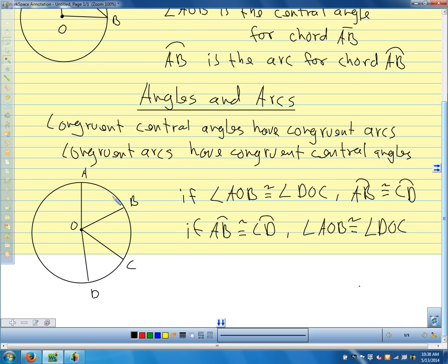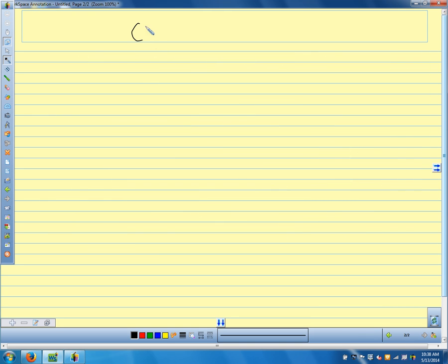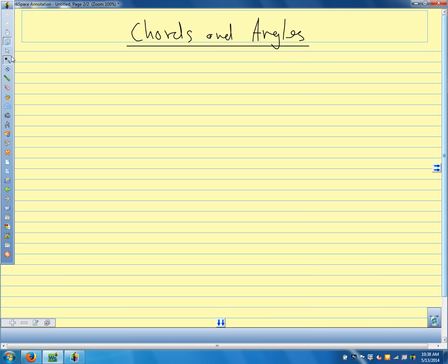But we will also want to talk about how the chords and the angles are related. We're going to put our chords in with our angles and figure out how those are related. So let's talk about the chords and the angles. Same relationship. If the angles are congruent, the chords are congruent.